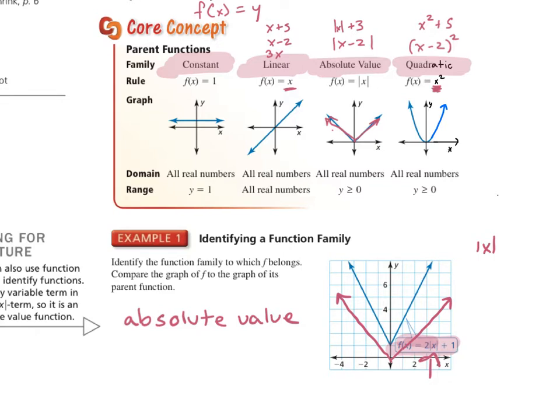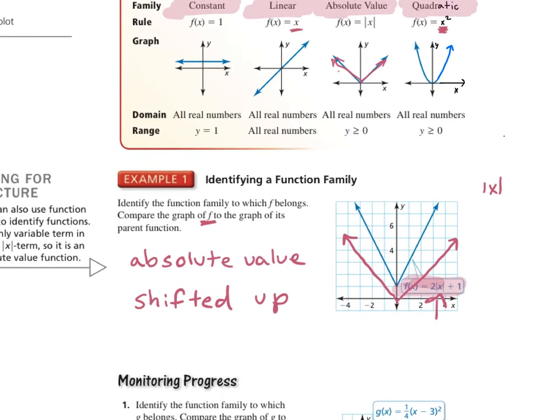It's lower. The pink one's lower. So when describing our f graph, we would say that it's shifted up. We take the parent function and shift it up. It's kind of hard to tell from here, but it's a bit narrower. So we can say shifted up and more narrow.